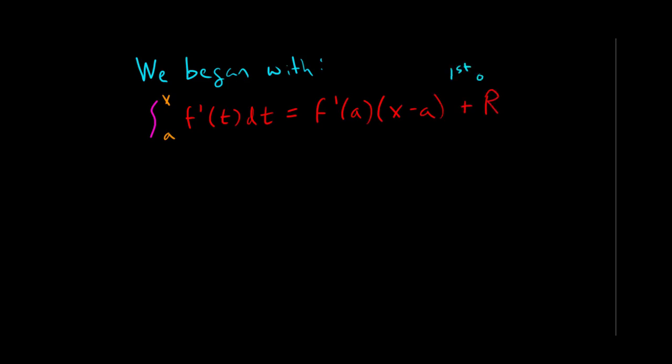So, summing up, we began with the following equation: the integral from x to a of f prime of t dt equals f prime of a times x minus a plus some remainder r. And remember, that was our first order approximation.